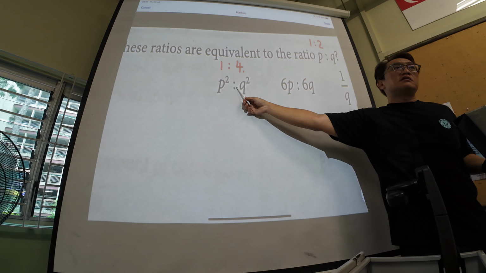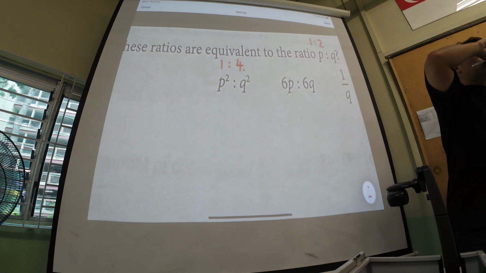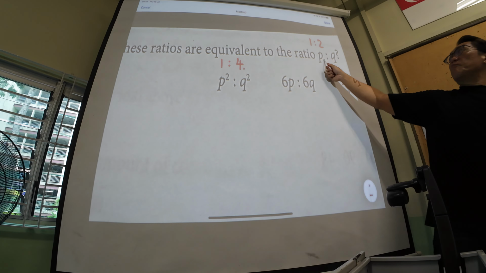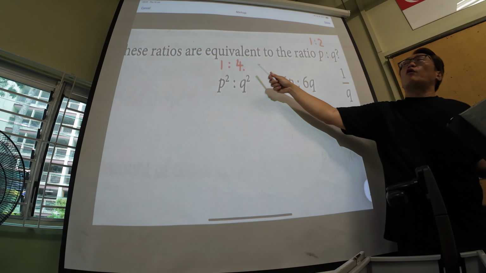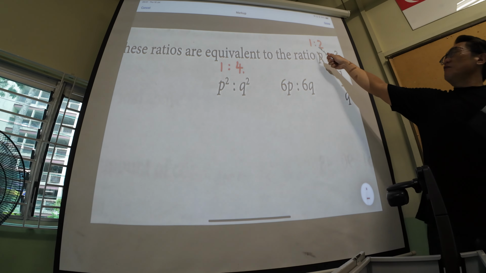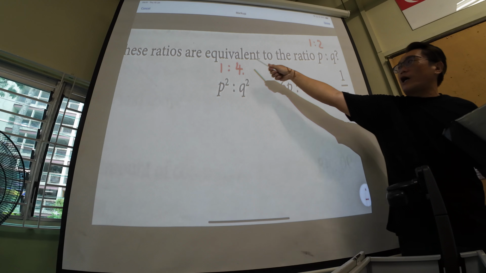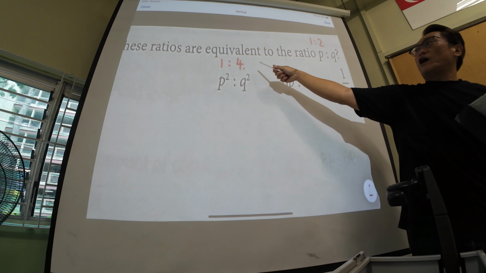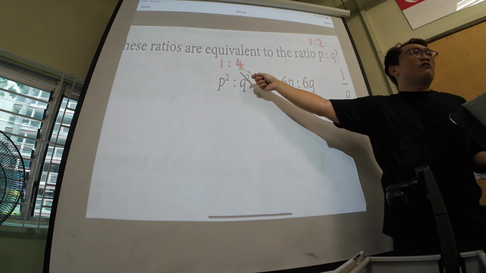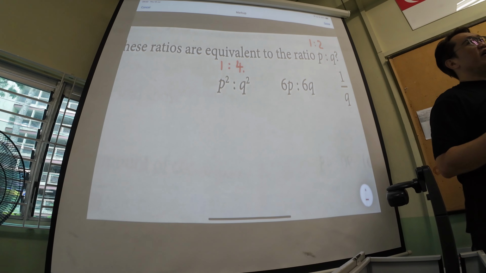What it means, when they say P square to Q square, is they square both sides. From P become P square is I square P. From Q become Q square is I square Q. So if I start with 1 is to 2, if I were to square both sides, 1 square already is 1, 2 square already is 4. So are they equivalent? That was the question I asked. So I ask now, yes or no?